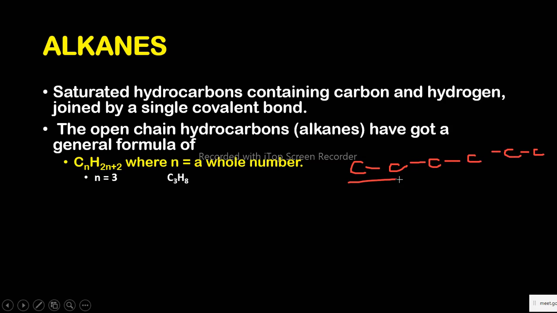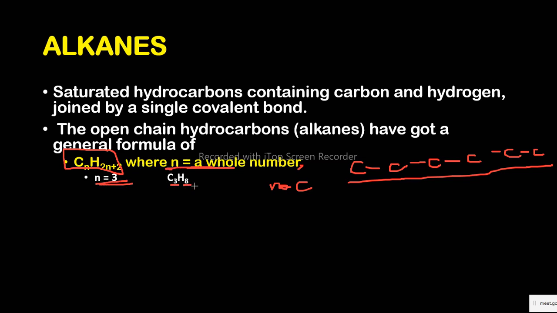All these straight chain hydrocarbons conform to the general formula CnH2n plus 2, where n is a whole number and it's the number of carbon atoms within that organic compound. Am I communicating? Yes. For instance, if n is 3, then that one is going to be C3H8.